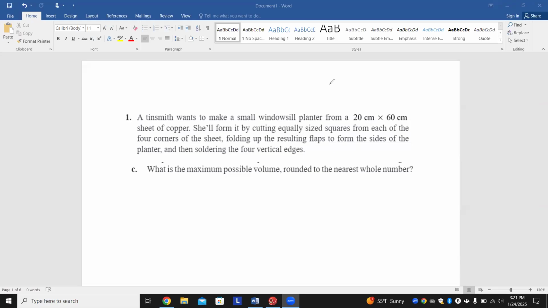Today we'll be working on lesson 26, which is mathematical models of things.